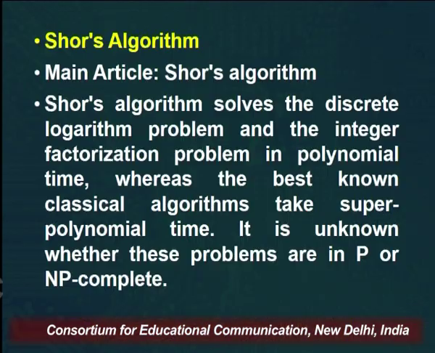Another is the Shor algorithm. That algorithm solves the discrete logarithm problem and the integer factorization problem in polynomial time, whereas the best known classical algorithms take super-polynomial time. It is unknown whether these problems are in P or NP-complete.